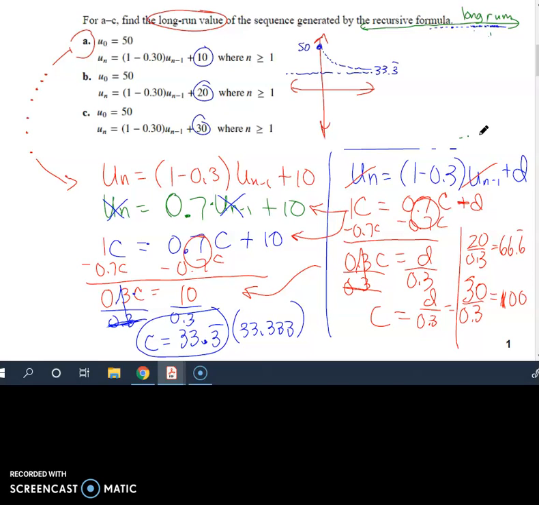So this would be the graph for A. For B, the long run value is 66.6 repeating. Again, the problem is beginning at 50 because U of 0 is still 50. This time the graph's going up and leveling off just below 66.6 repeating.